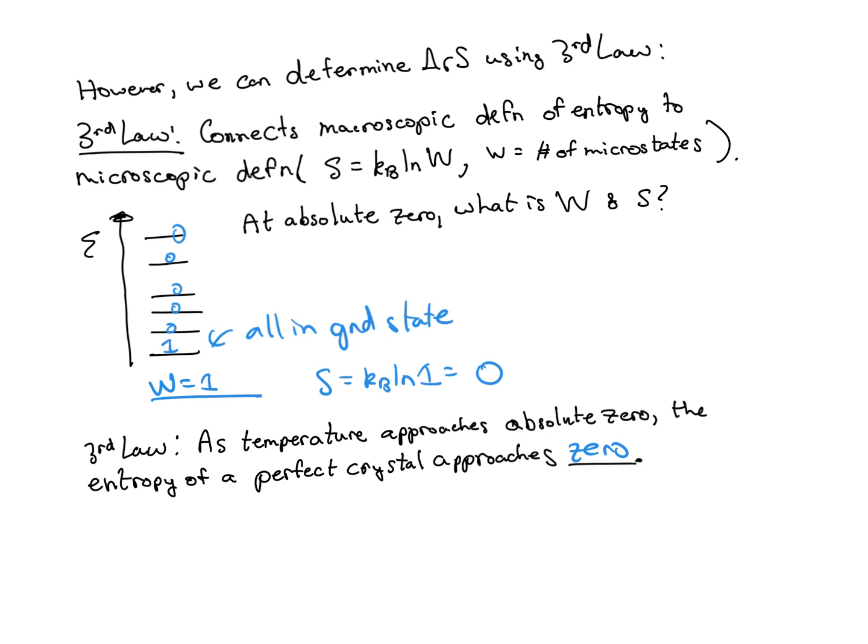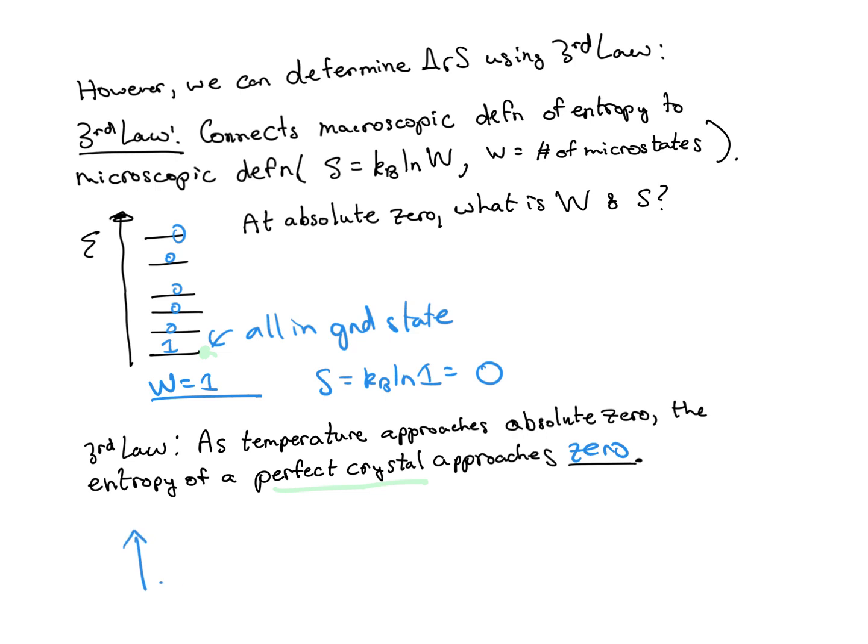This is less grand and dramatic than the first two laws of thermodynamics. We've got this perfect crystal in here. What's going on with that? The perfect crystal idea is that there are certain substances that have some entropy left over at 0 Kelvin.